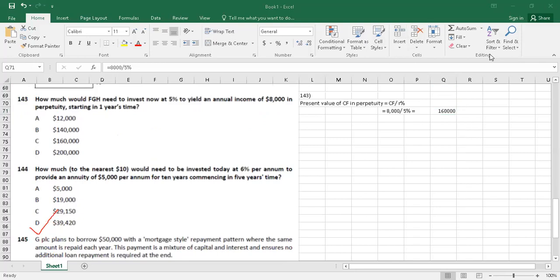Next we have it as how much would need to be invested today at 6% per annum to provide an annuity of 5,000 per annum for 10 years commencing in 5 years time. Here we see that how much would need to be invested today.